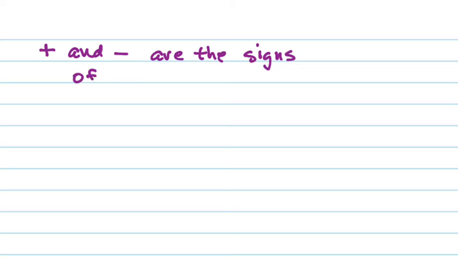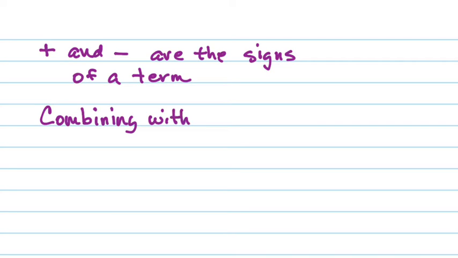So remember that when you're talking about signs, those plus and minus are the signs of a term. Okay? So what we need to do is remind ourselves of the rules for combining with signs.